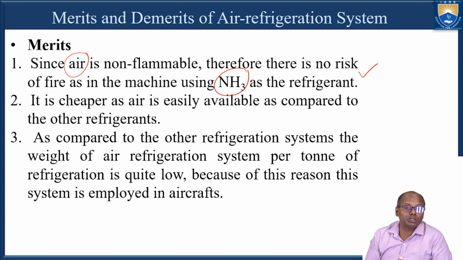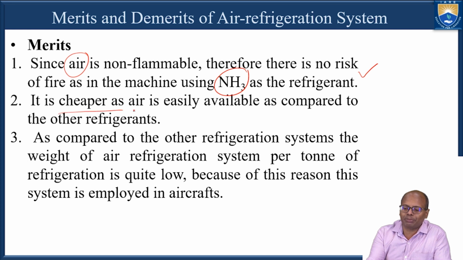But if I use the vapor compression refrigeration cycle and we are using ammonia as a refrigerant, what happens is if there is a leakage, there is a chance of fire getting attracted, or even it is not good for the people surrounding.